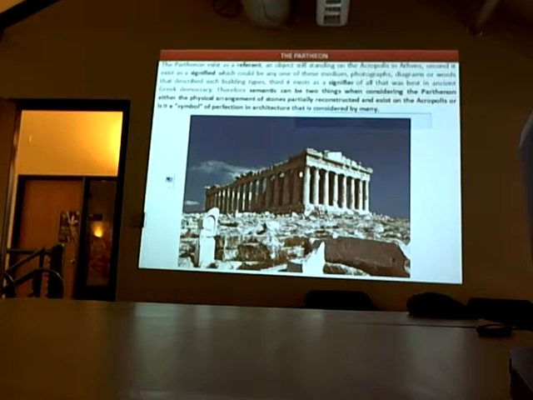Then it spoke about the signifier, which is more about having a medium, for example, a photograph of the building, a diagram of the building, or just a word to describe the building itself. And then it also spoke about the signified, which is basically what the building stands for, which in ancient Greek was democracy.